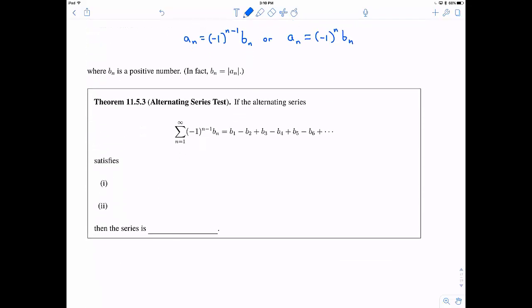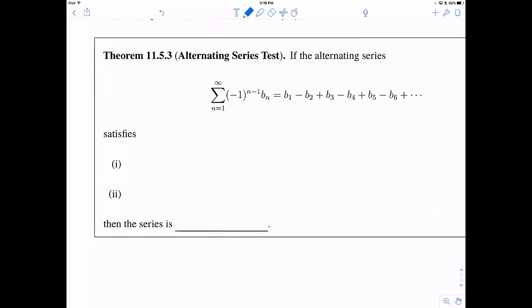Okay, now that we have alternating series, we can talk about the alternating series test. So this is a nice named theorem. You're expected to know this. So if you have a nice alternating series and it satisfies two things. So first of all, it needs to be decreasing. So that's to say that b_(n+1) is less than or equal to b_n. And these are positive things here, right? For all n.